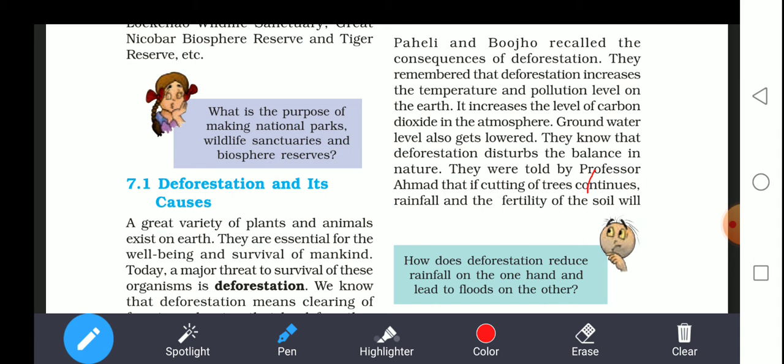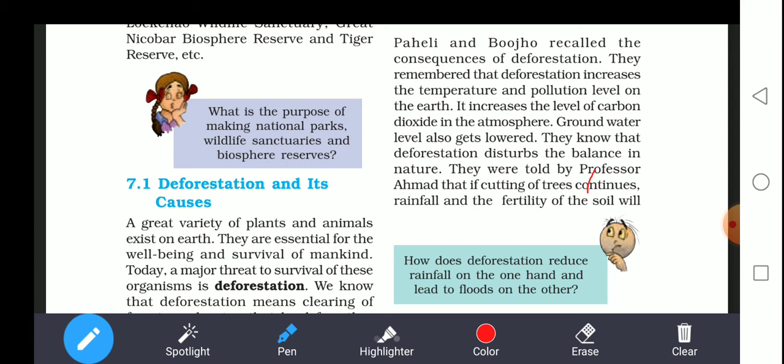Also, it will cause less rainfall. If it causes less rainfall, what happens? The groundwater level will decrease. So it will cause drought.